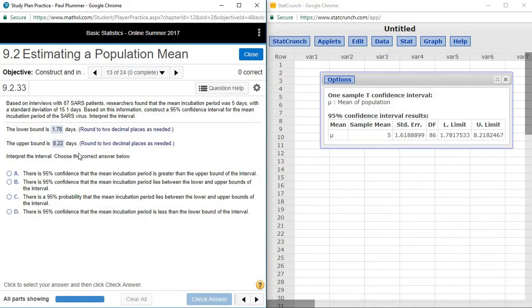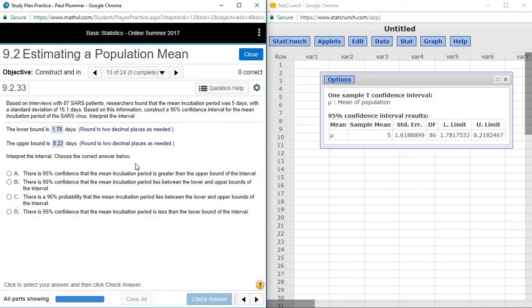And then remember, when we are interpreting the confidence interval, there are some key things that we're going to look for. We're going to look for the word confidence or confident. That eliminates C. We don't talk about probability.